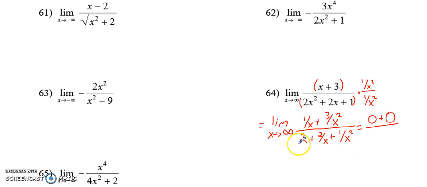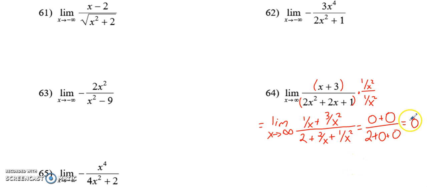The limit as x goes to infinity of 2, hey, the limit of a constant is always that constant. So the limit as x goes to infinity of 2 over x, and the limit as x goes to infinity of 1 over x squared. Again, as x gets really large, 1 over x gets really small really quickly.